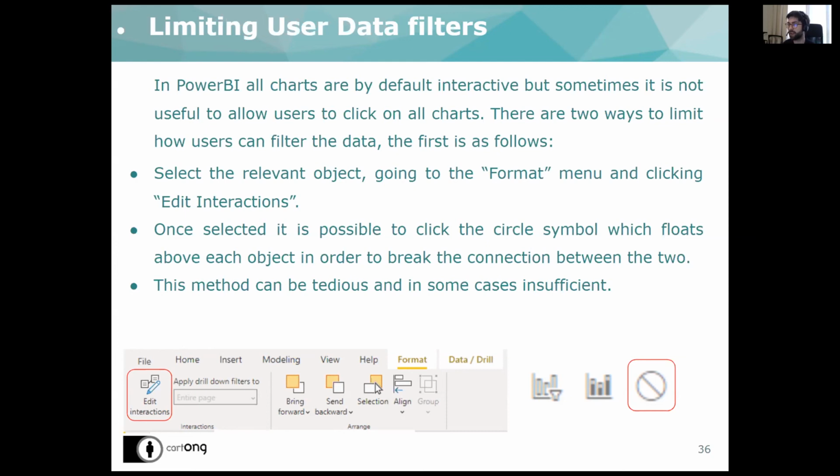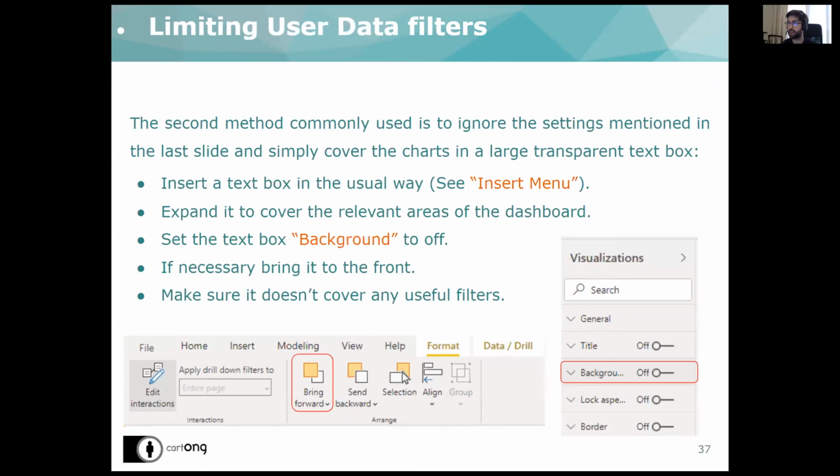However, I found that for dashboards with a lot of objects on the screen, there's a very crude workaround. What I simply do is create a text box and expand it across the screen, and I cover any charts that I don't want the user to select.